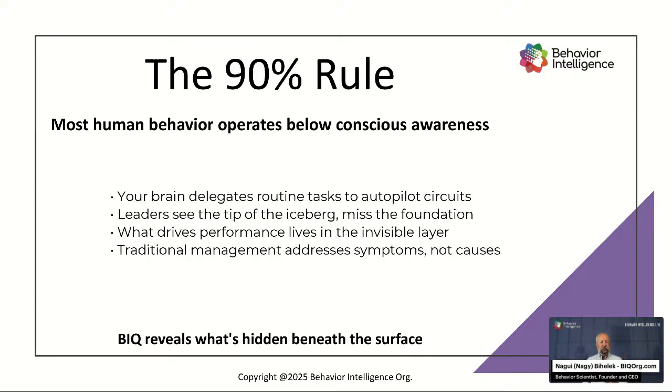So let's look at the 90% rule first of all. What does our brain do? This is all the neuroscience stuff. You need to first understand how the brain works and why it does the way it does things, in order to be able to go into helping people changing culture, building teams, and so forth.